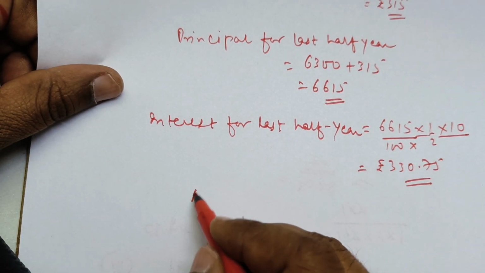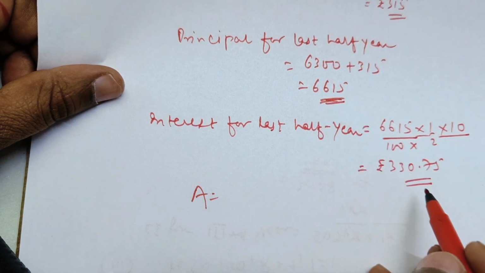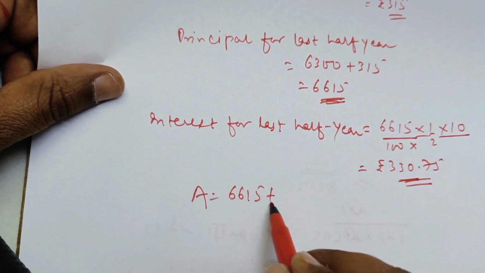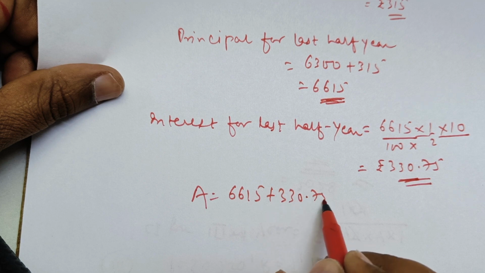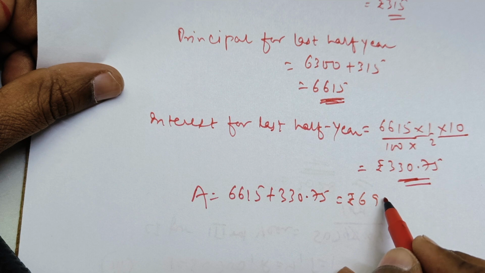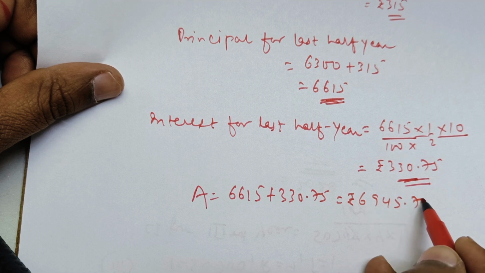So the amount here is, this is the principal and this is the interest for the last half. So 6,615 plus 330.75, which amounts to rupees 6,945 and 75 paisa.